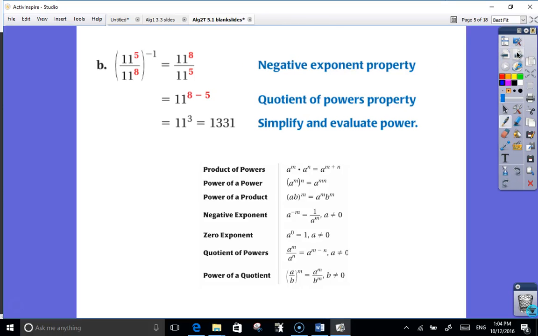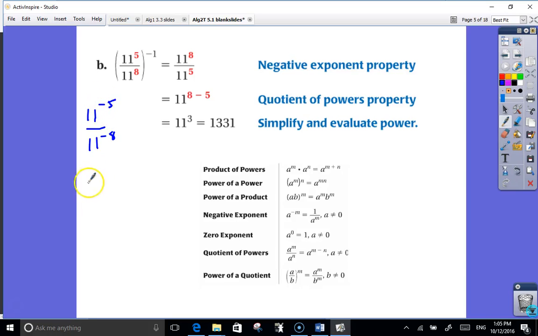Okay. Now this one's an interesting one, because if you distribute the negative 1 to both 11 to the 5th and 11 to the 8th, you would get 11 to the negative 5 over 11 to the negative 8. And then, to get rid of the negative exponent, what would you do? Negatives mean you flip them, right?